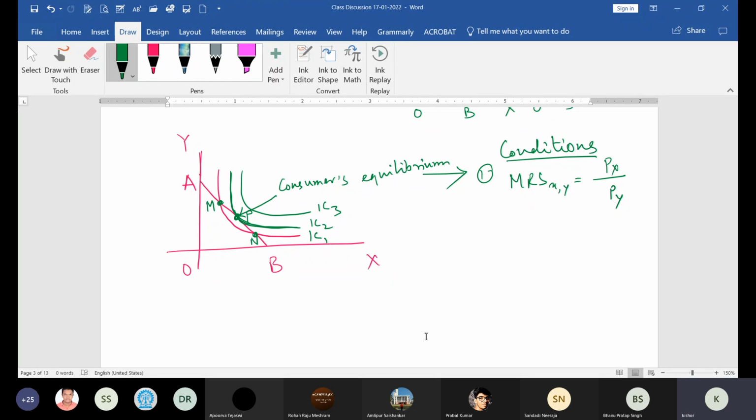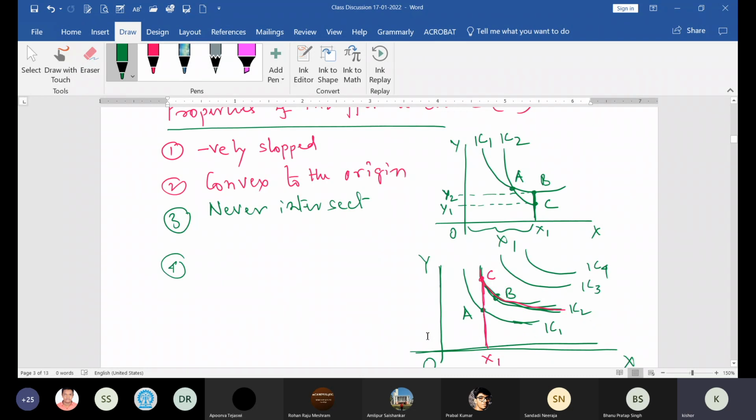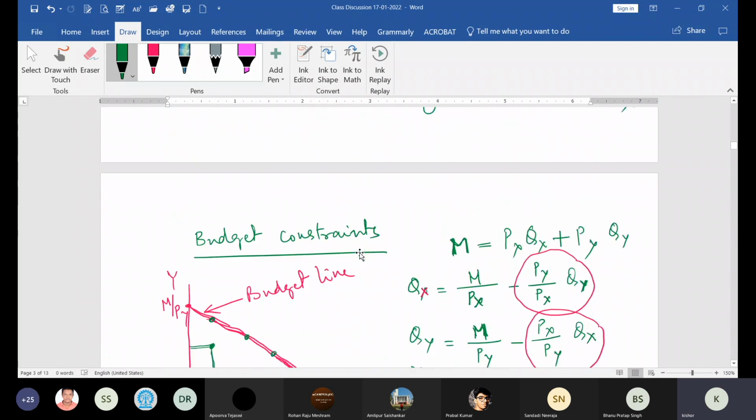IC1 and IC2, what is the difference? The properties I mentioned the other day: the higher the indifference curve, the higher the level of utility.